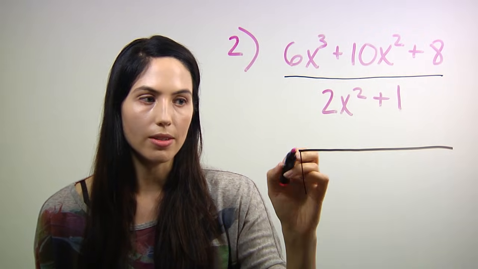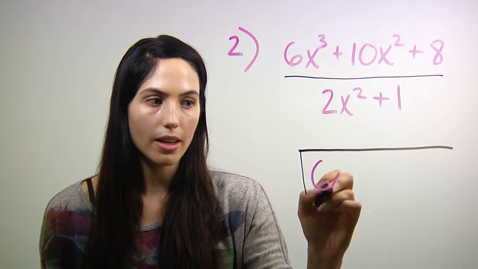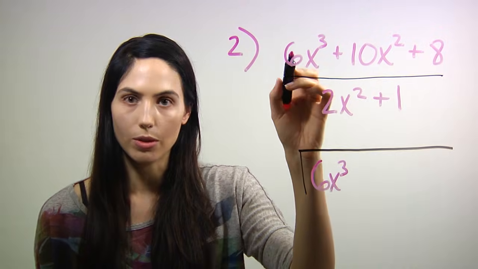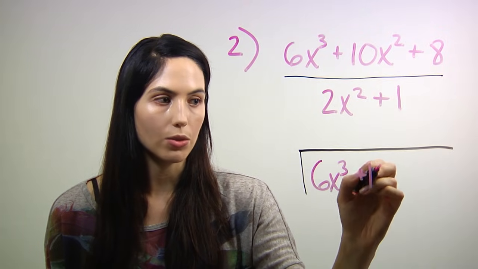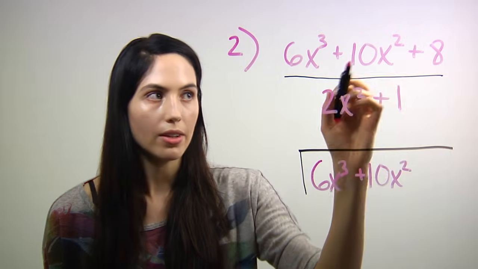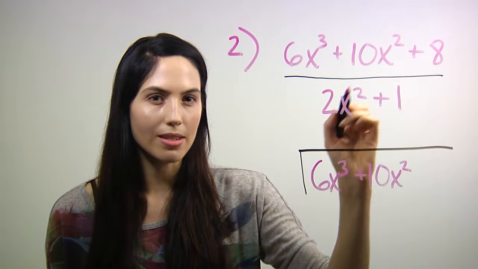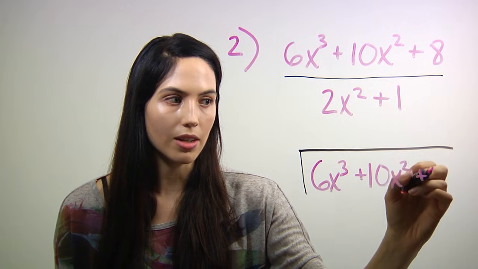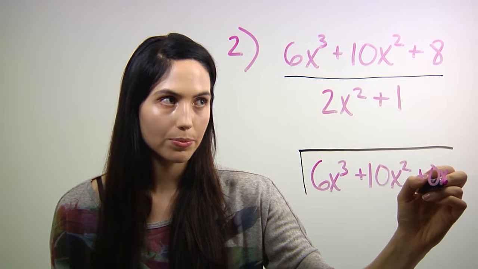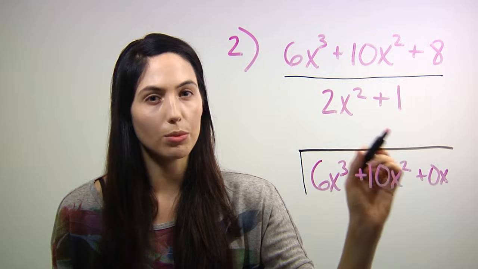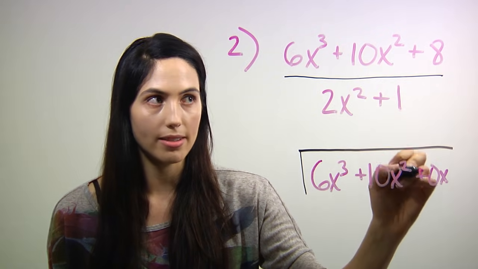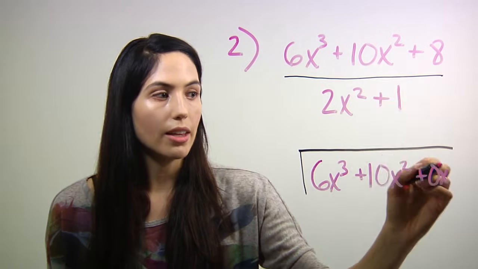So let's rewrite this. We have 6x cubed, like normal, plus 10x squared. Now, in this place where there's a gap, where there's no x term, we need to write 0x here in the dividend as a placeholder. That's really important that you put that 0x there if there's a gap. And then plus 8.